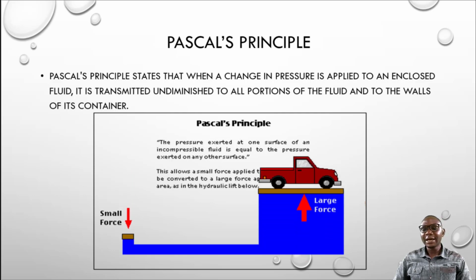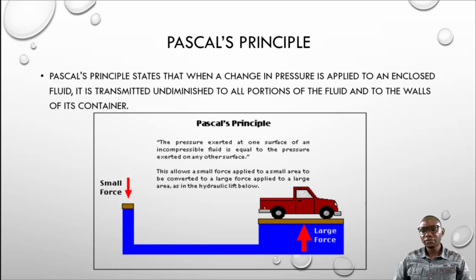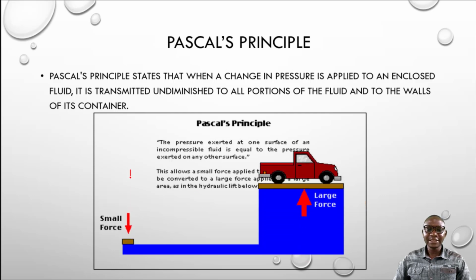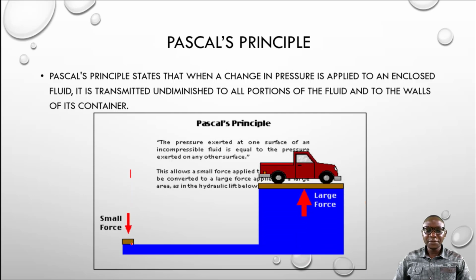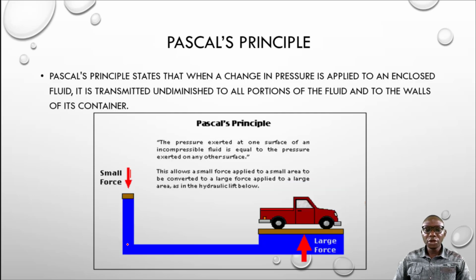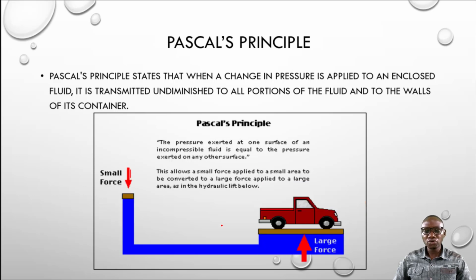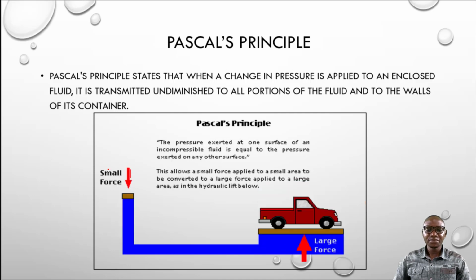Now, one practical application of Pascal principle is in hydraulic lift for automobiles. As you can see from the screen, when this force is applied here, you will recall that Pascal principle says the pressure is transmitted no matter the shape throughout the surface of that fluid.